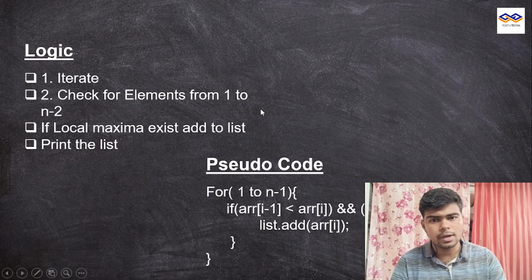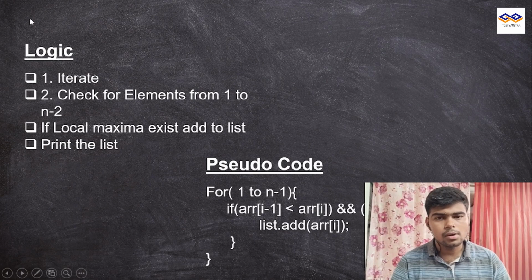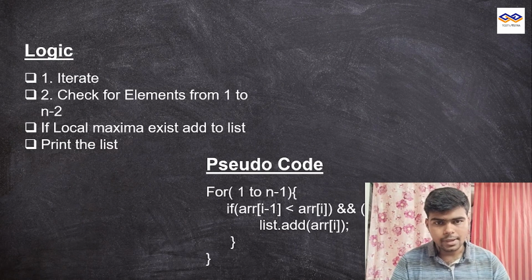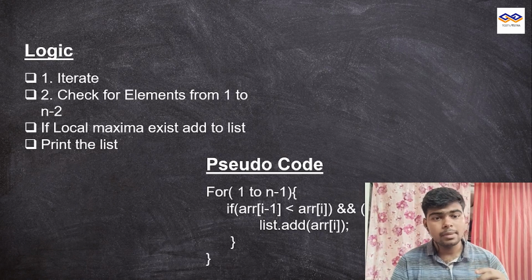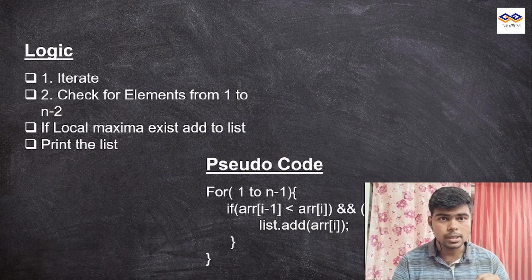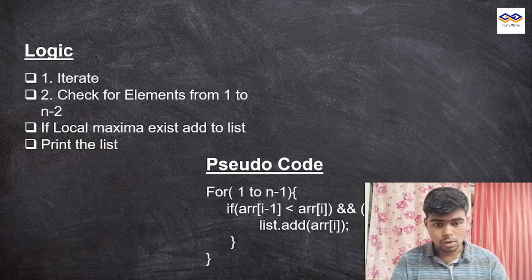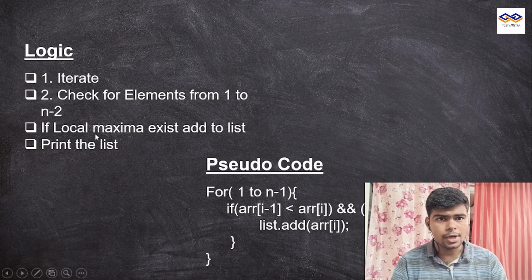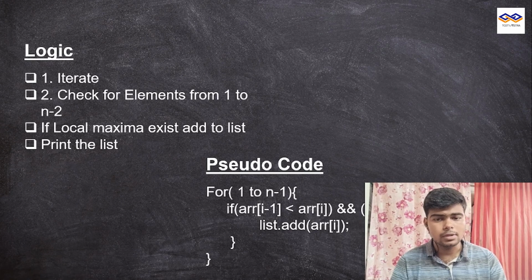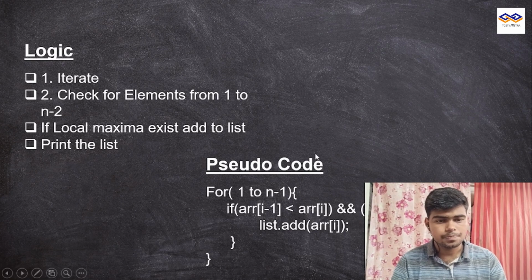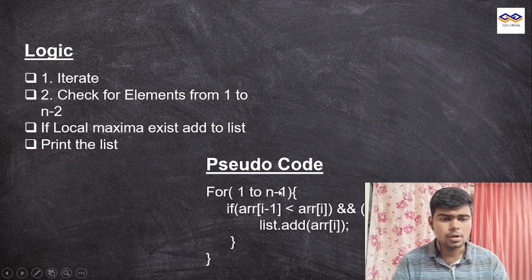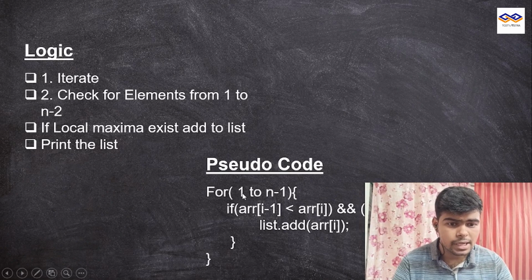Okay, let's see what logic we got. The logic is to iterate and check the elements from index 1 to n minus 2, whether they can be local maxima or not. If a local maxima exists, then add it to the list, and then I will just print the list. This is my pseudocode. I am iterating from index 1 to index n minus 2.